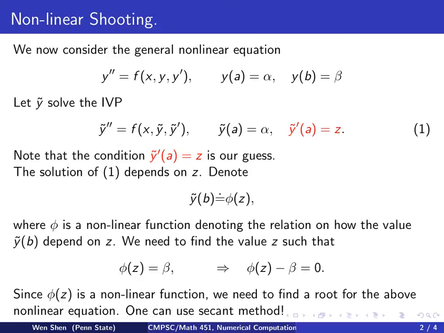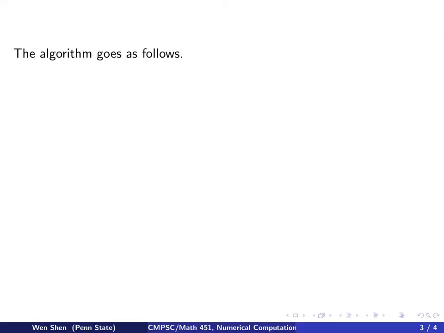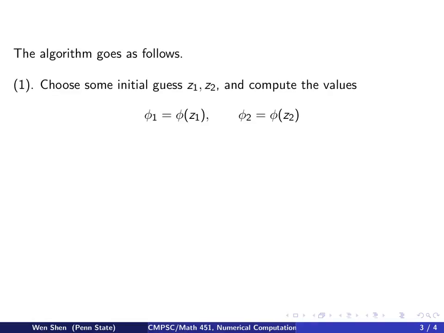And yet for the secant method, you just need two starting points, z1 and z2, and then you can find the secant line. For that, there's no problem. So we're going to use the secant method. Okay, so here is how the algorithm will look. Step 1, I will choose some initial guess. I will need 2, so let's call them z1 and z2.